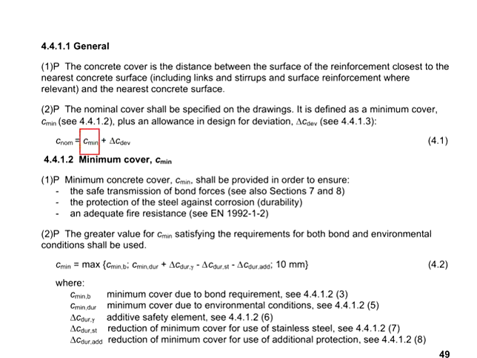As for the minimum concrete cover, you may refer to equation 4.2, which is governed by 3 main aspects: the minimum cover due to the bond requirement, the minimum cover due to environmental conditions, and also at least 10 mm minimum cover. For more details, you may refer to the Eurocode and also our previous videos on how to determine the c-min,b, c-min,dur, and so on and so forth.